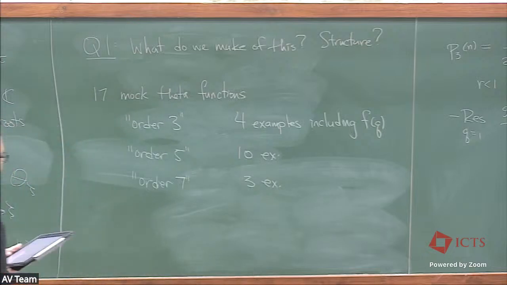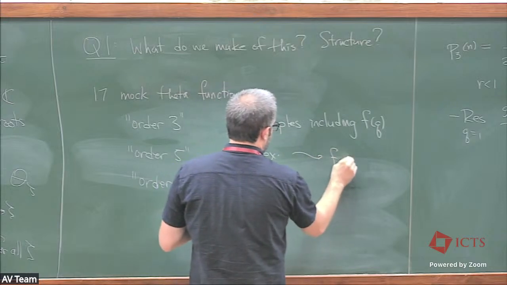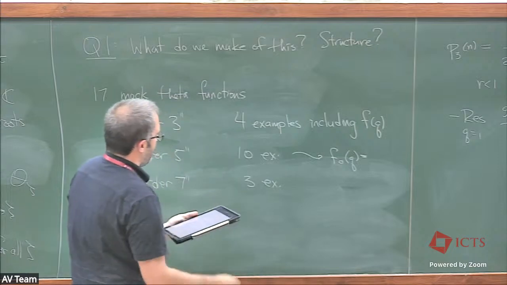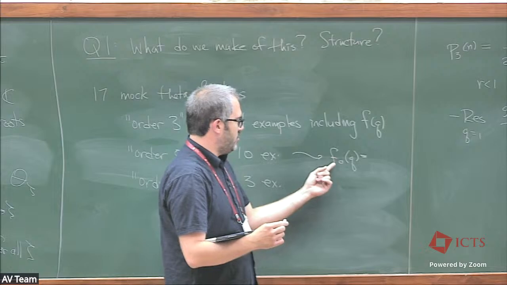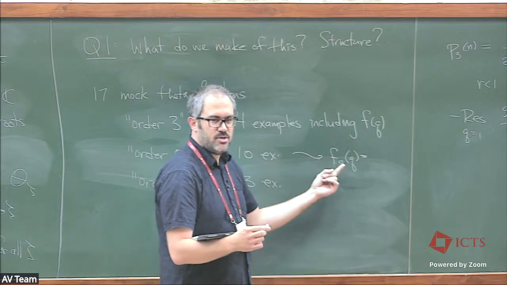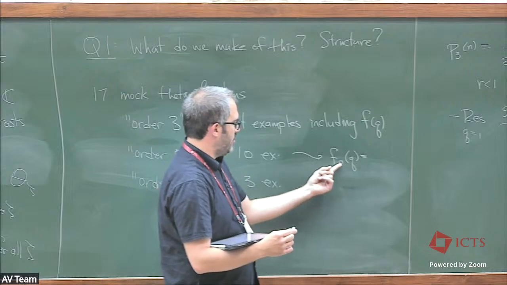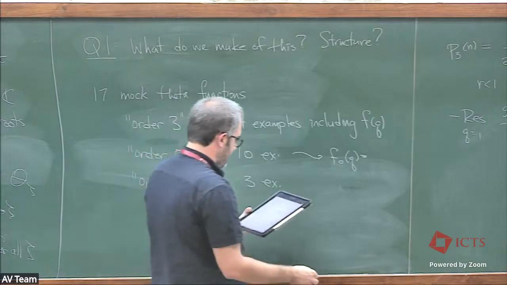Maybe I'll write down for you one example of a 5th order one, just so we can look at it. So this one is called F0 of q. By the way, Ramanujan's letter is sort of notorious for reusing the same letters over and over again. So this one in Ramanujan's letter is called f of q. The subscripts were added later so that there's no confusion. So this one is F0.